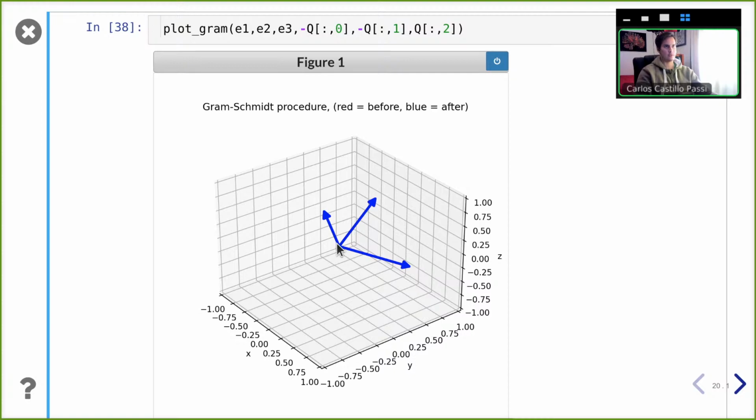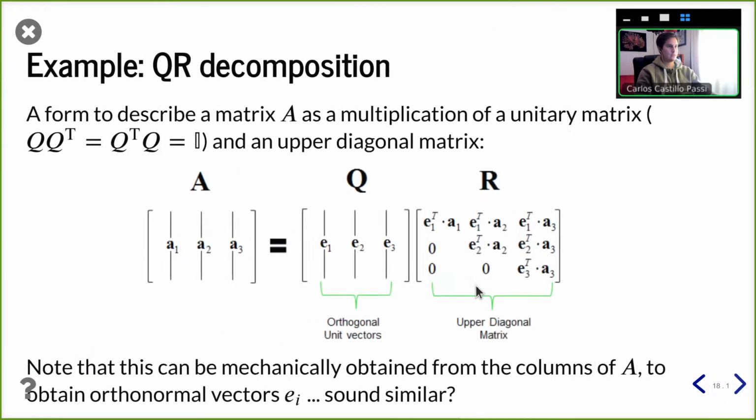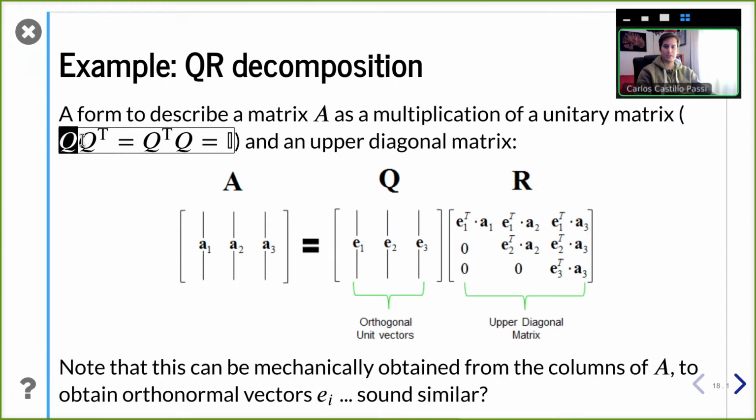So that's an application of the Gram-Schmidt process. You can do matrix factorization, and the factorization has a very interesting property that one of the matrices is orthogonal. Not only the vectors here are orthogonal, but the whole matrix is called unitary or orthogonal, because the matrix product between this matrix Q and itself but transposed gives us the identity matrix.